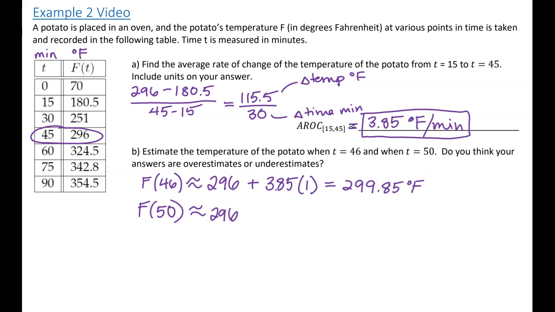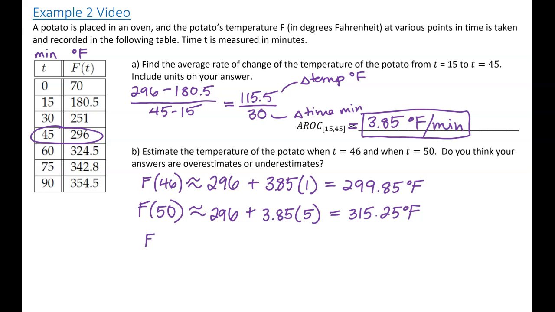That was after 45 minutes. And then our best estimate was that it would increase by about 3.85 degrees per minute. And we've now gone from 45 to 50, so that's 5 minutes. And from this one, I got 315.25 degrees Fahrenheit.